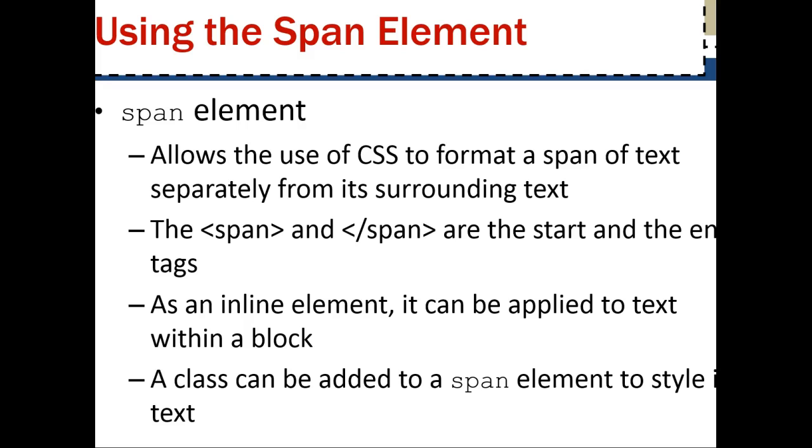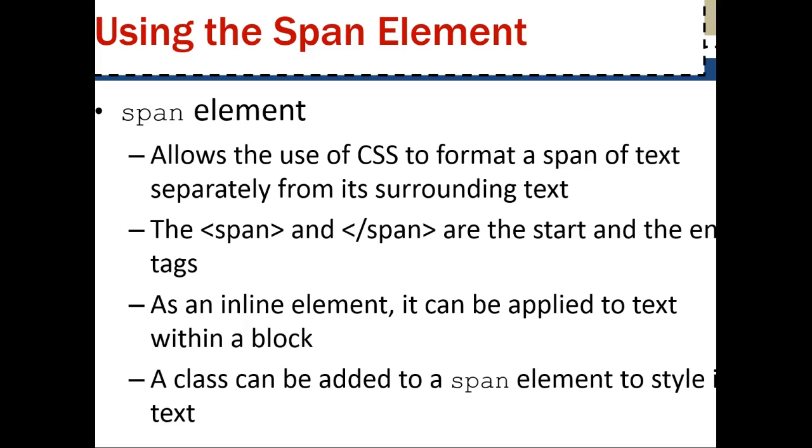Now let's look at using the span element. The span element allows us to use CSS to format a span of text separately from its surrounding text. The span element begins with a span tag and ends with a /span tag, so a start and a stop tag. It is an inline element that can be applied to the text within a block.